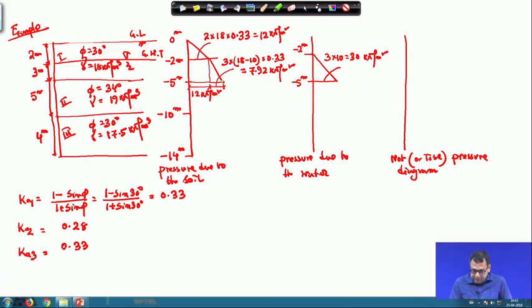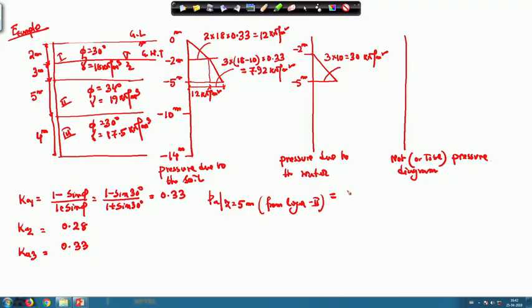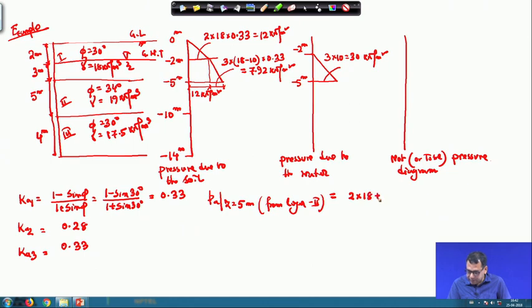So, P A at z equal to 5 meter for layer 2: the top layer overburden pressure will act as a surcharge for the second layer. That surcharge amount is 2 into 18 plus 3 into 18 minus 10.